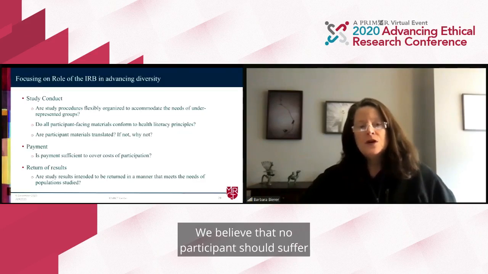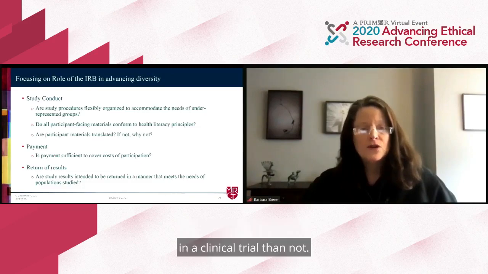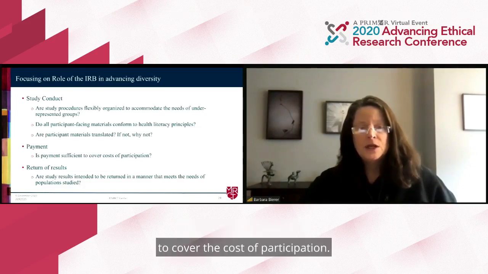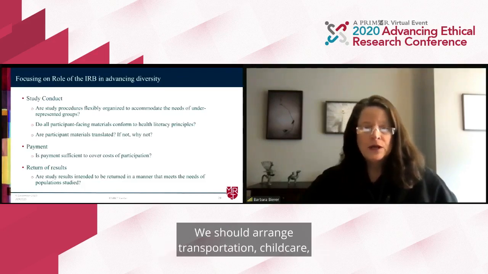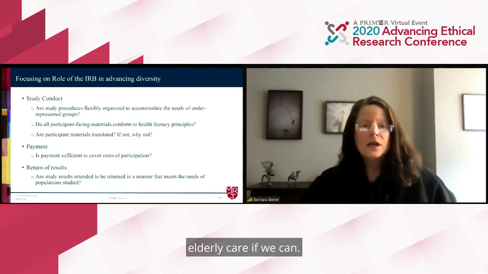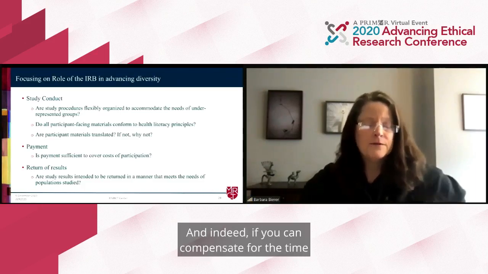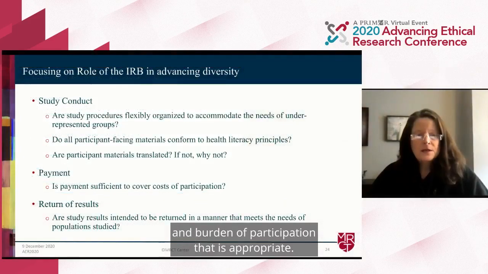We believe that no participant should suffer and be less well off for reasons of participating in a clinical trial than not, and that payment should certainly be sufficient to cover the cost of participation. They should be reimbursed or paid in anticipation of the expenses. We should arrange transportation, childcare, elder care if we can. And indeed, if you can compensate for the time and burden of participation, that is appropriate.